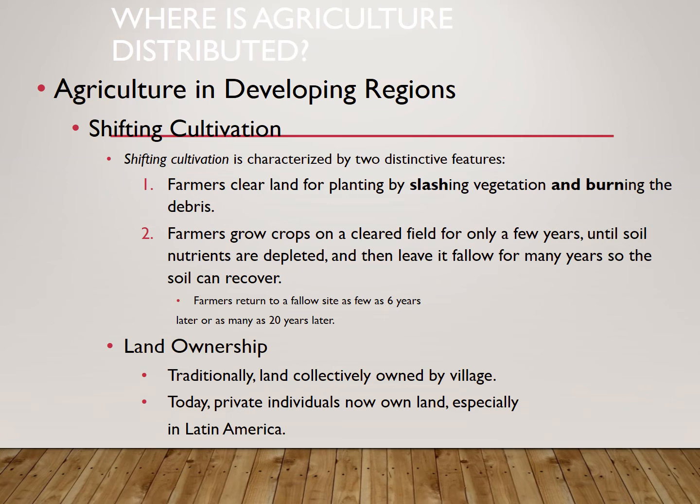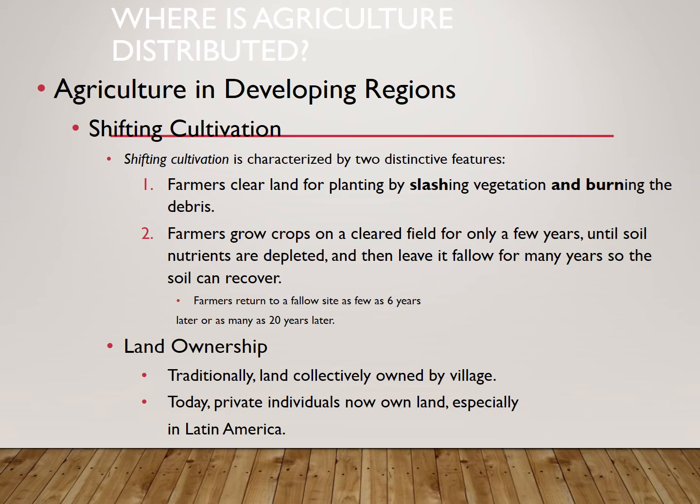So obviously there's a big problem with this, and that is that there's so much land that's just being wasted. And for a growing population, this is a problem. There's all this land that you can't even use to feed people. And the other problem, of course, is that you're often burning down forest, sometimes rainforest, which is a resource that we only have so much of. Traditionally, land is collectively owned by the village.